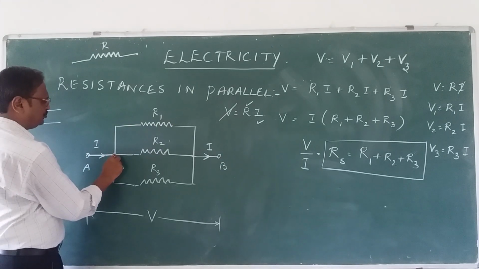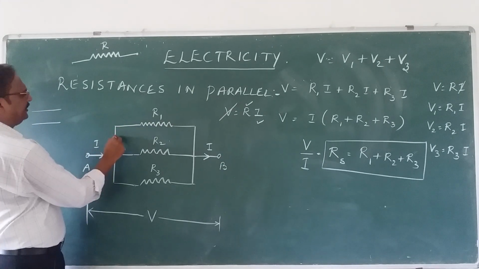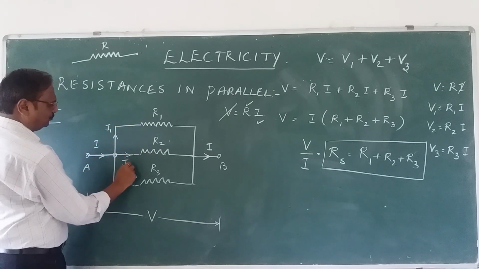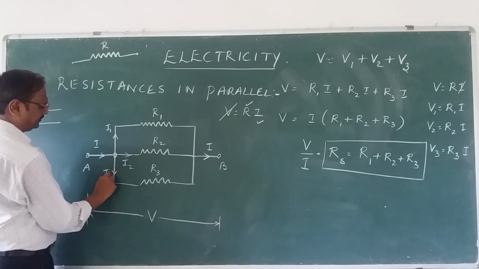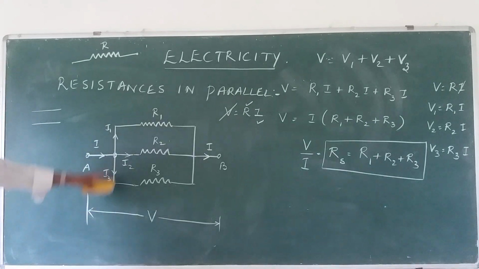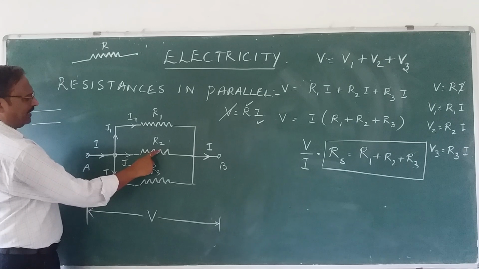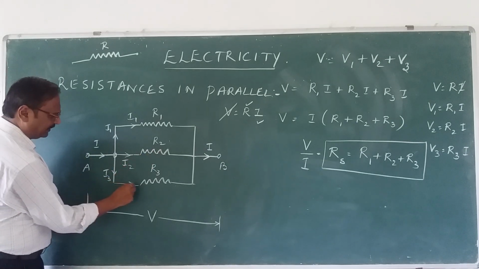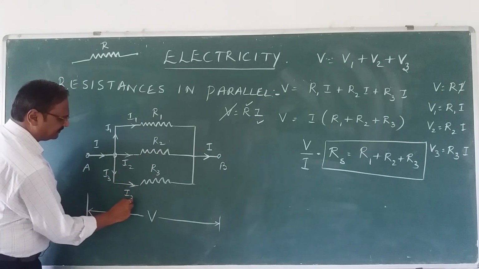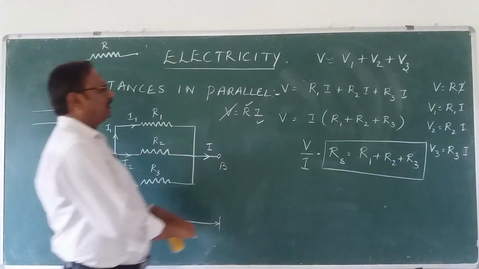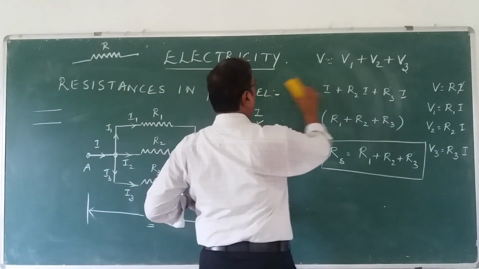When it comes to this junction, the point, it divides as I1, I2 and I3. So the current through R1 is going to be I1, R2 is I2 and R3 is I3, and the potential difference remains the same.